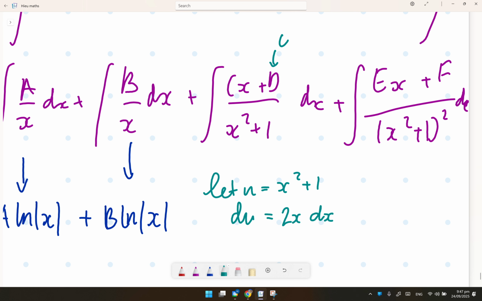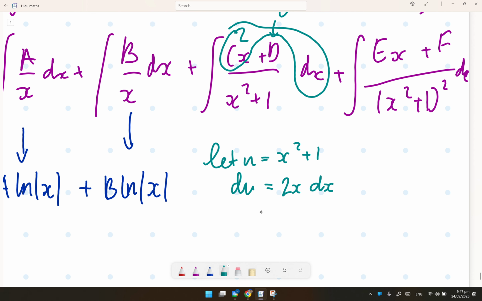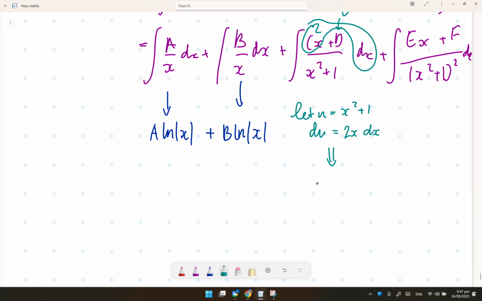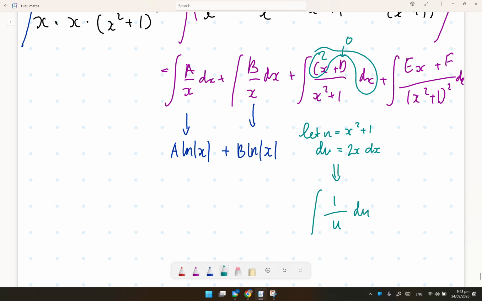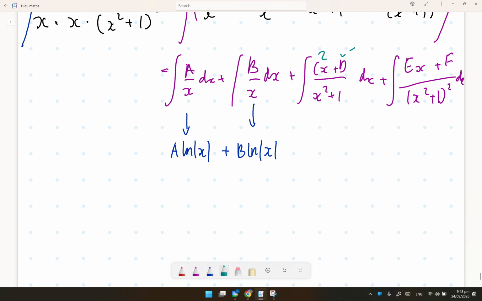This means that d would be 0, and cx would be in this case 2x. Then the integration of 2x dx turns into du, so there's nothing left on the top, and now that's 1 over u du, right? It's very, very nice. This is just going to be equal to ln u, and we can sub u back in. So that's the reason why we do this.